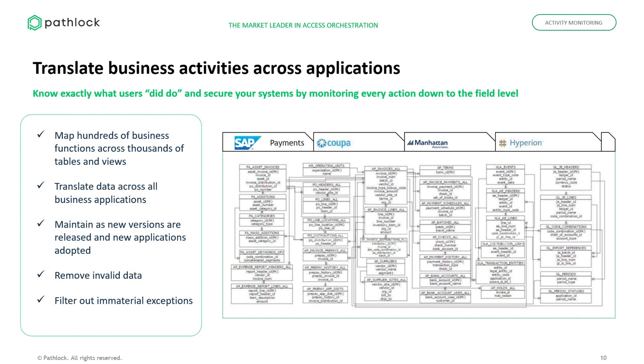Pathlock provides this via our ability to map to transactions in any business application and correlate transactional events back to a user, and this is how we identify real SOD transaction violations. This is where we can identify when the same user creates a purchase order and pays the vendor for that same purchase order, even if those activities are in different systems.